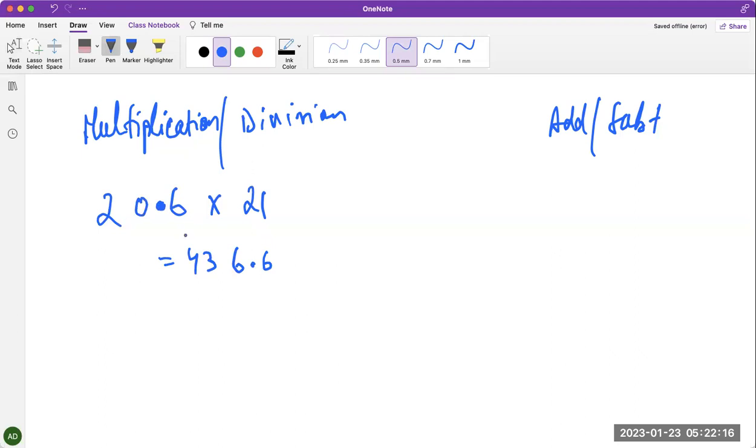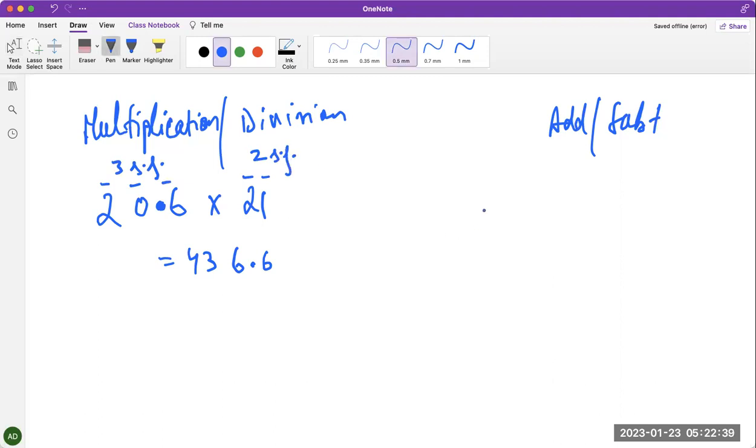What I do is I look at the question. This question has how many significant figures? That's what I look at. So individually, this number has 1, 2, and 3 sig figs. I'll say here 3 SF. And this number here, 21, that's 2 sig figs, 2 SF.